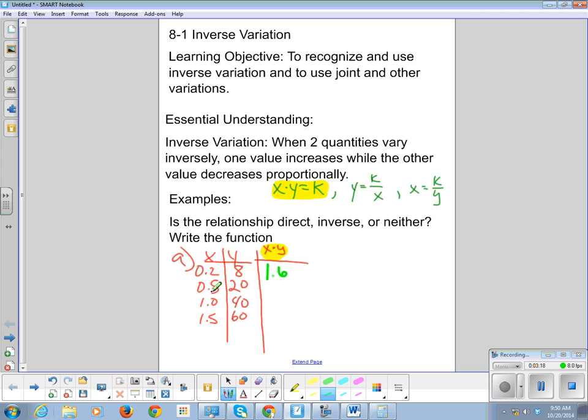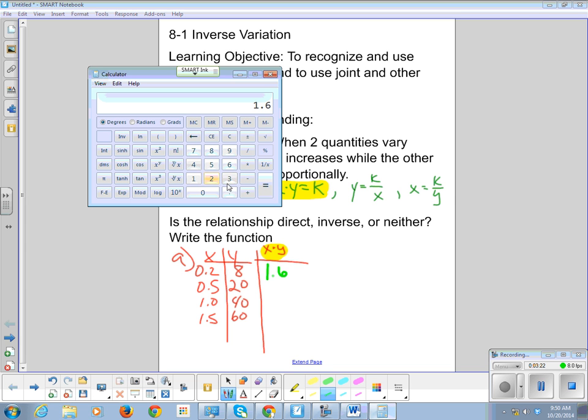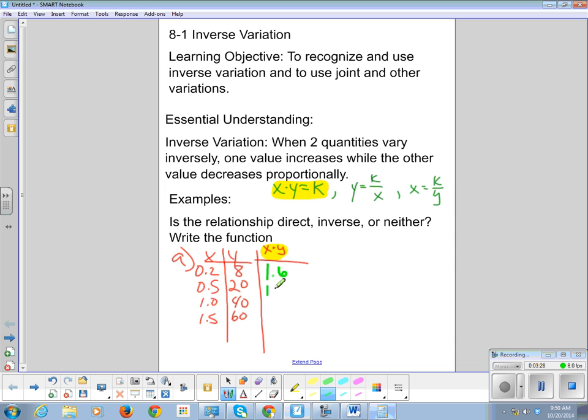And then I'm going to go 0.5 times 20, and I get 10. Do I even need to continue testing for inverse variation? No, it's not a constant. Multiplying the x and the y together is not constant, so it is not inverse.